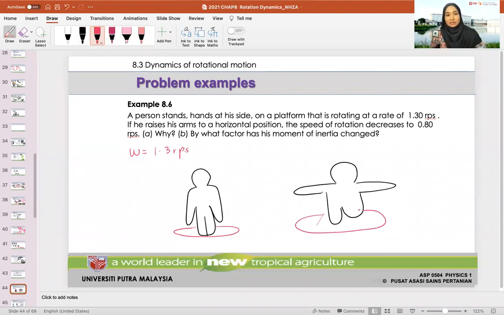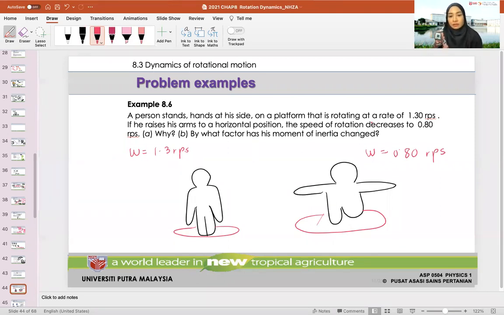Okay, so this is what happens when he extends his arm, right? And they said that his omega now changes or decreases to 0.8 RPS. Why? By what factor has his moment of inertia changed?